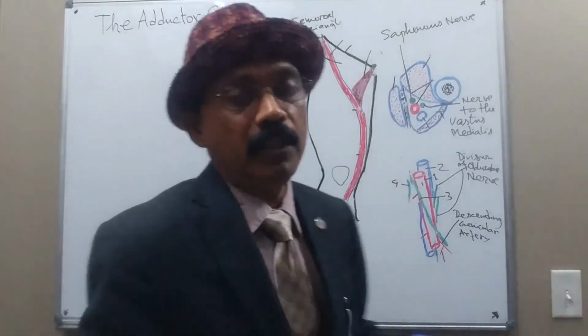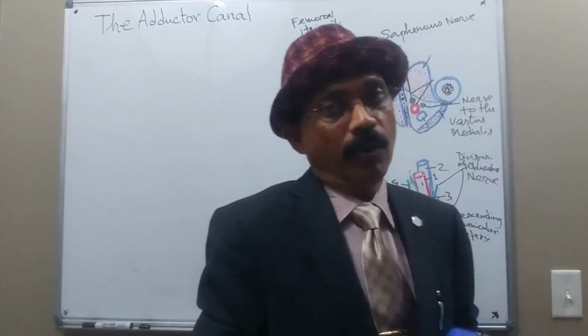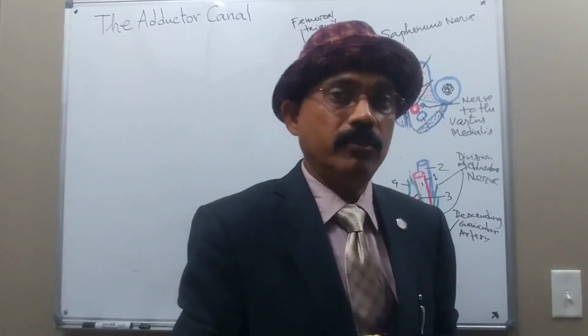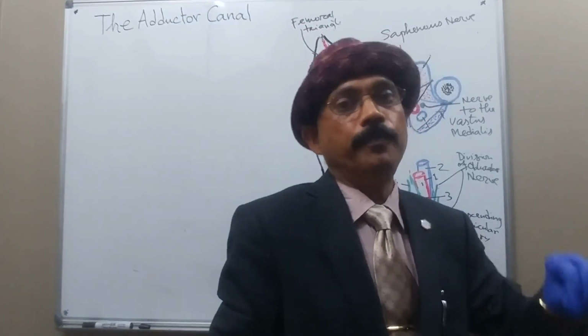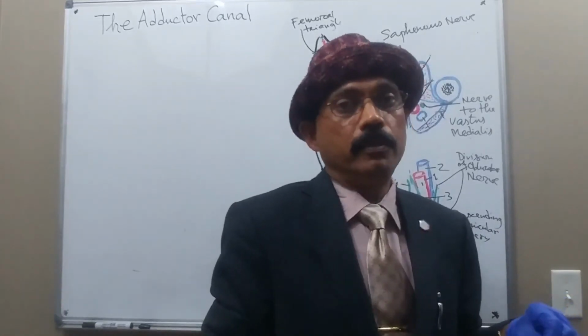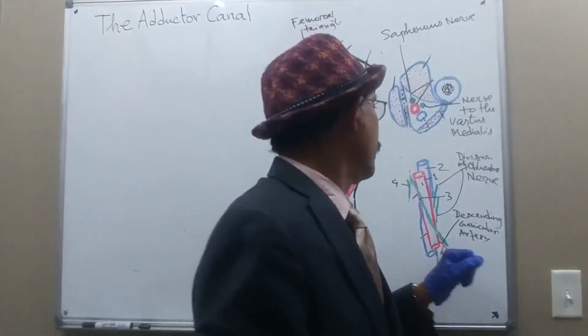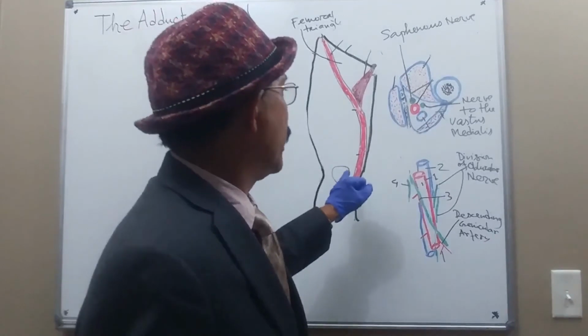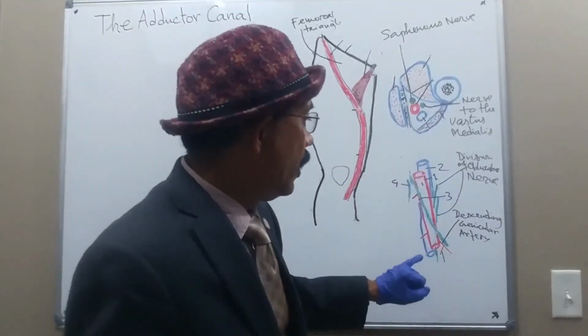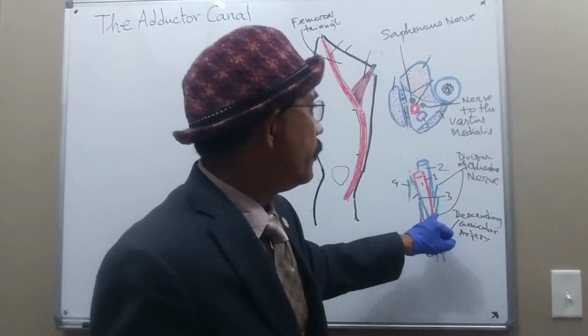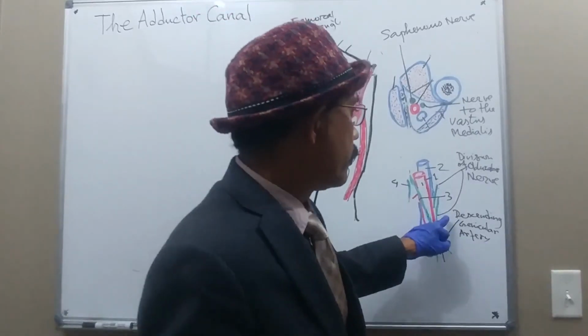The adductor hiatus is the tendinous opening in the lower part of the insertion of the adductor magnus, just above the adductor tubercle of the femur.